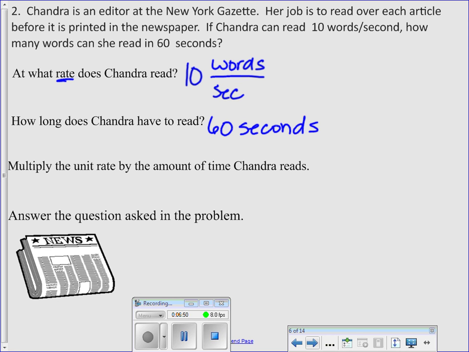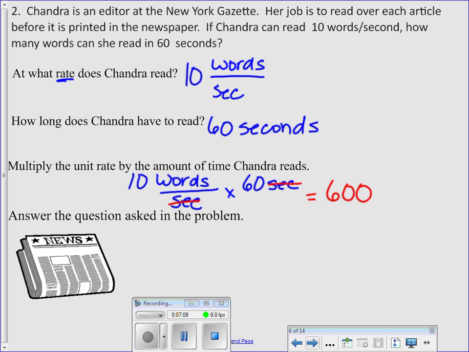So now let's multiply them together. So we have 10 words per second times 60 seconds. I can cross-reduce my seconds. So 10 times 60 is 600.